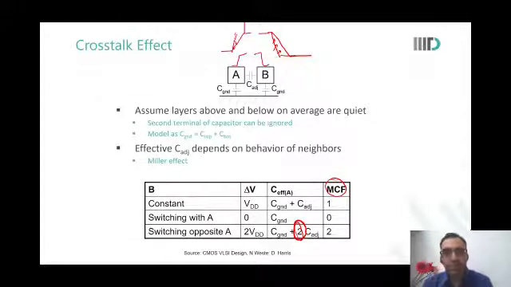Meher, you had a question? Sir, what are the implications of this crosstalk effect that we may face during layout? Implications of crosstalk. Let us say you are running an analog signal, which is small signal in nature, just toggling by 4-5 millivolts, 10 millivolts.